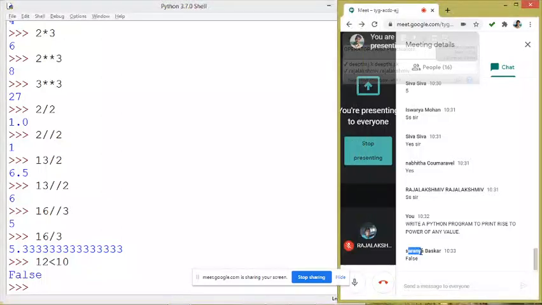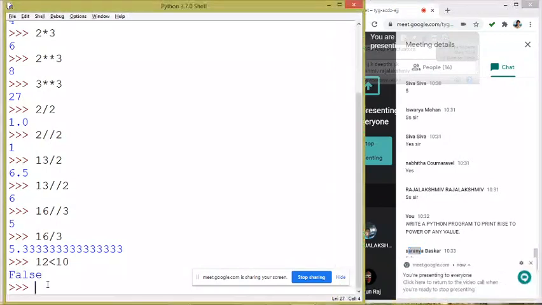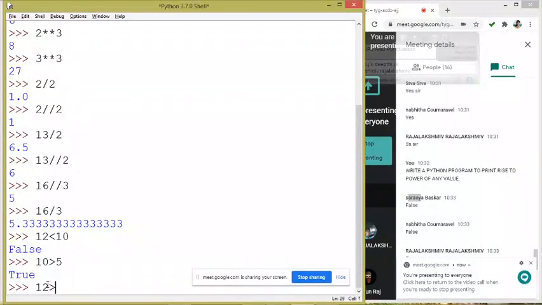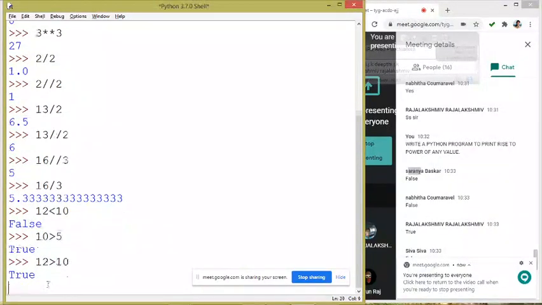Good job, Saranya. False will come because the condition is false. But if I write 10 greater than 5, we'll get true. Again, if I write 12 greater than 10, we'll get true. If I write 12 greater than equal to 12, yes. Now please tell me the answer.